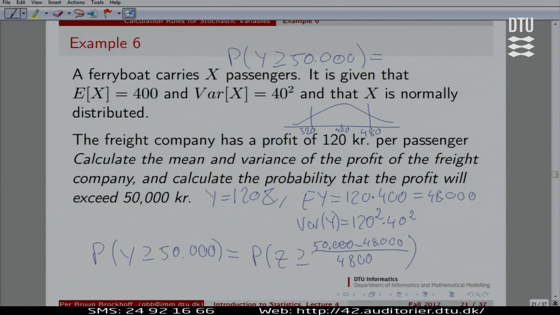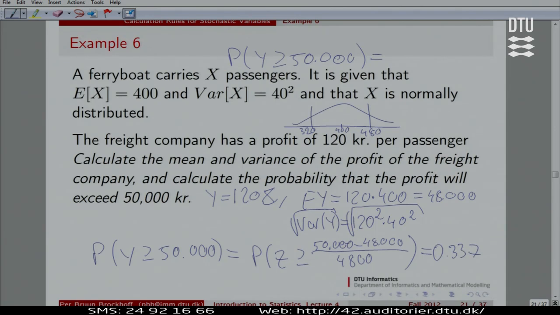Right? The square root of the variance is 40 times 120, which is 4,800. Yes, that must be correct. And then, of course, we could take table 3, or we can take R and calculate this number. Just for finishing off, this number becomes 0.337.